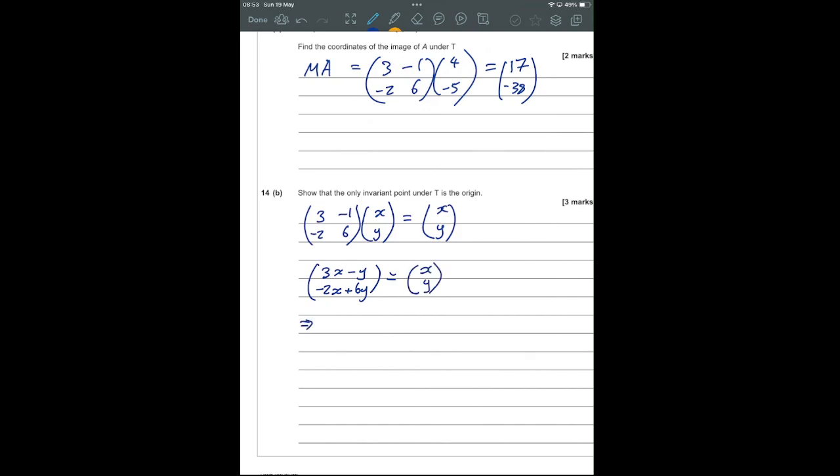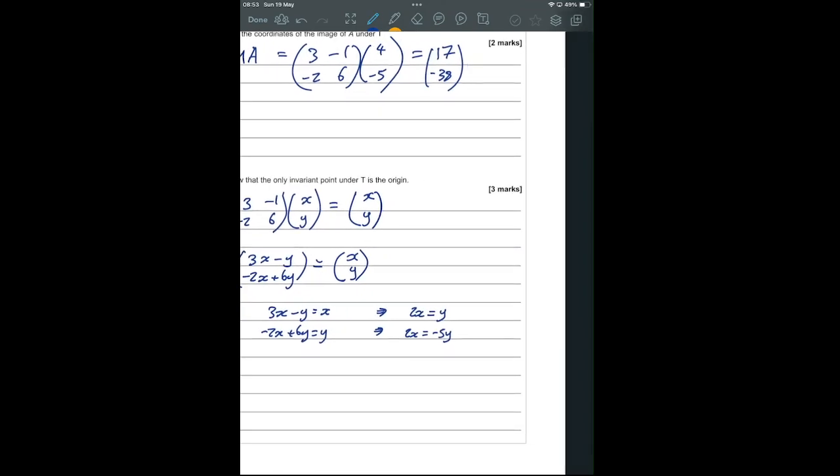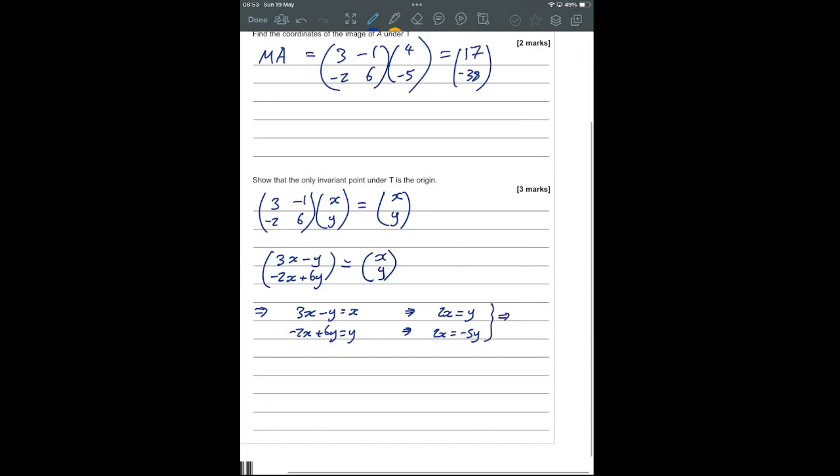So this is giving us two equations, 3x minus y equals x, which is saying that 2x equals y, and minus 2x plus 6y equals y, which is telling me that 2x equals negative 5y. Well, if I combine those together, that's telling me that y equals negative 5y, i.e. y must be 0, and then x must be 0 from 2x equals y, so 2x equals 0.